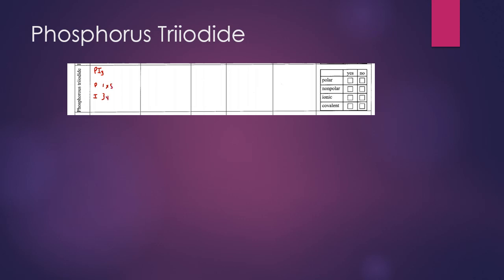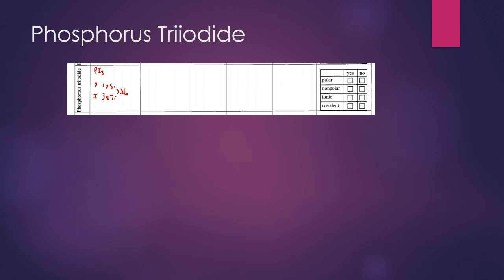Iodine's a halogen in group 17, so it's going to donate 7 electrons to the cause. So we have 5 plus 21 to give a total of 26. So that's how many valence electrons I have to play with.